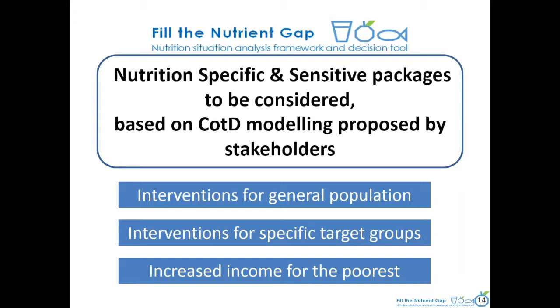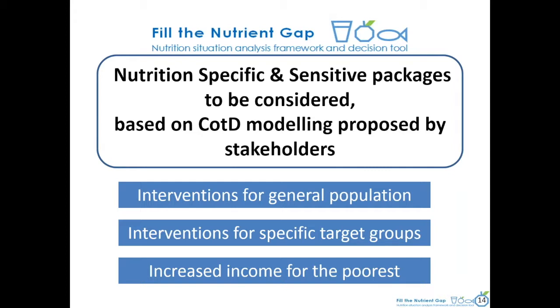Examples of strategies that are modeled through the cost of the diet are interventions for the general population, such as fortification of staple foods, or different types of homestead food production, and then interventions for specific target groups, for example including specialized nutritious foods through markets or social safety nets, or improved availability at market level of unfortified nutritious foods or biofortified crops, and then other strategies that include increased income for the poorest.